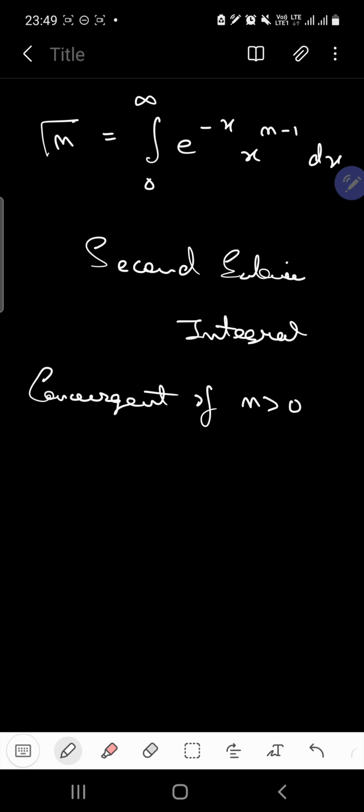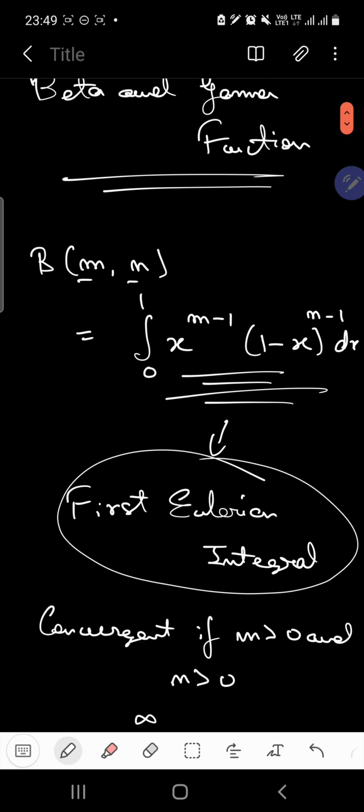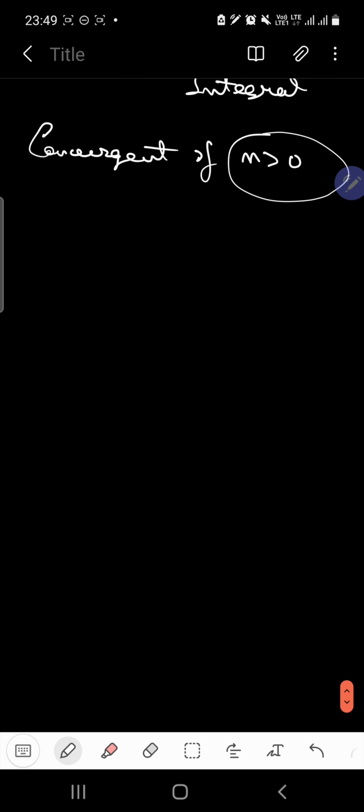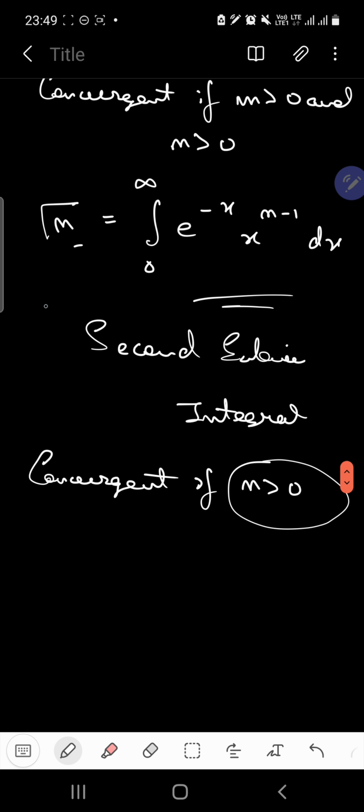When n is greater than 0, this integral is determined as a function of n, and this is called the gamma function. This is the beta function, and this is the gamma function.